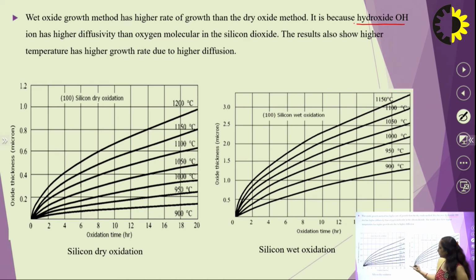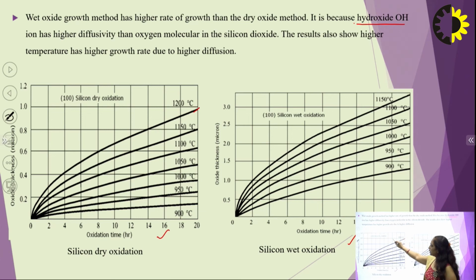So we can see in the diagram, this is the graph which is achieved for the silicon dry oxidation process, and this is the graph when we do the oxidation process in the presence of water vapors. So we can see here that for maximum temperature, that is 1200 degree C, we have approximately 1 micron thickness layer, right?